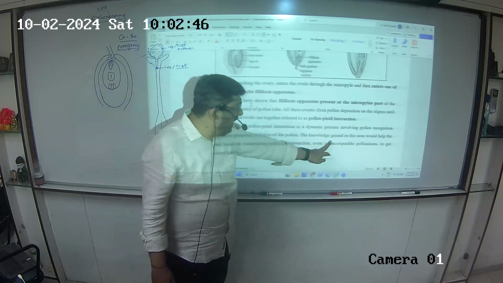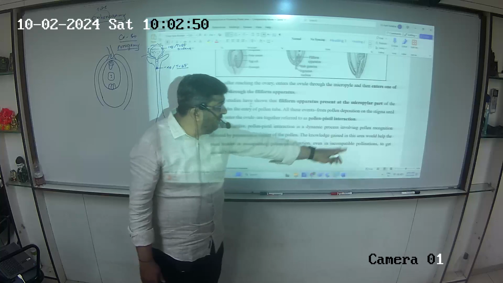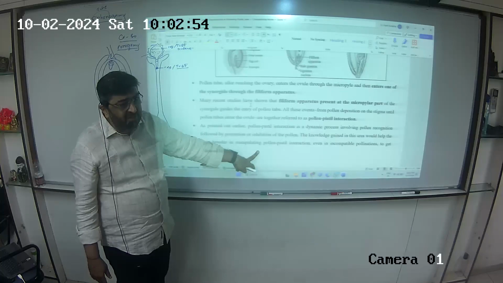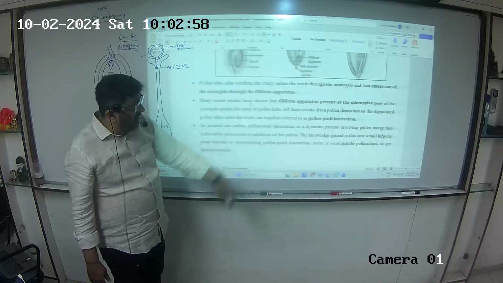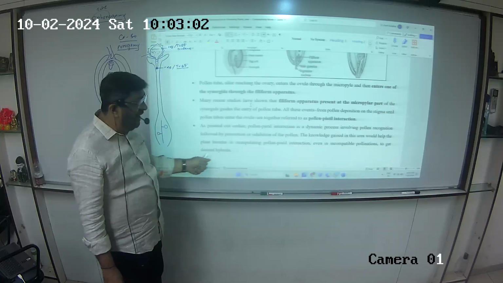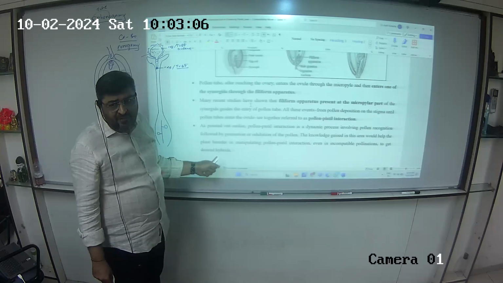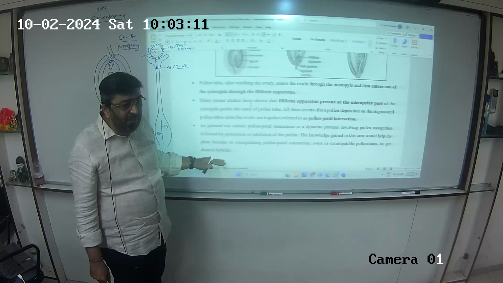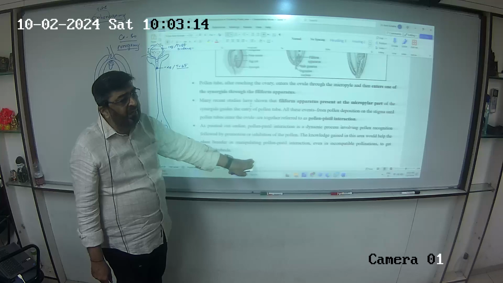The knowledge gained in this area, the chemical dialogue, would help plant breeders in manipulating the pollen-pistil interaction, something we spoke about just a while back. Even in incompatible pollinations, to get desired hybrids. So if we have to get desired hybrids, obviously the pollen grains and the pistil will be incompatible, so manipulation is done with the help of this chemical interaction.